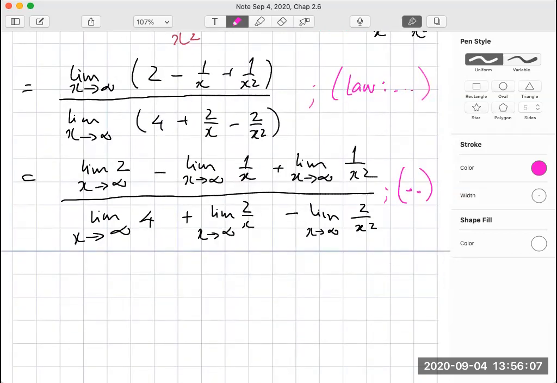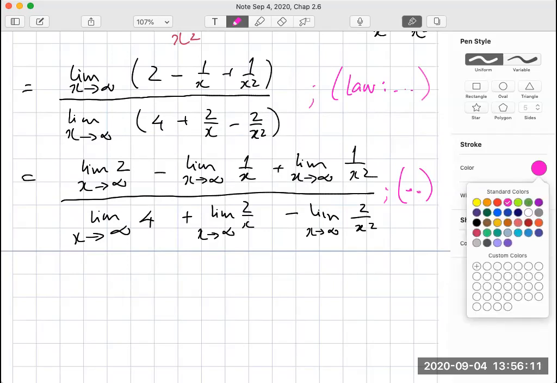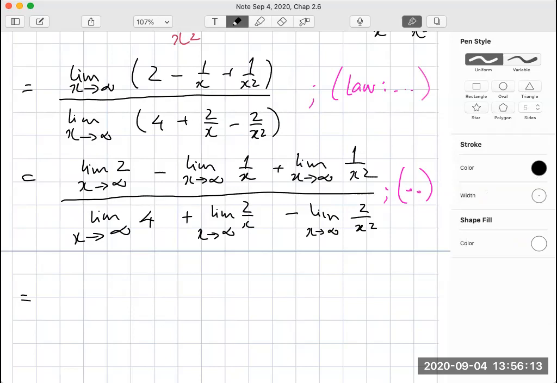We say that the limit of a constant is simply that constant, right? So it is 2. And here, this is a rational function. x should not be 0. x goes to infinity, so we are good. It is continuous at infinity, right? The rational function here. Therefore, we can substitute this value and it will be 1 divided by a very big number, which is 0.